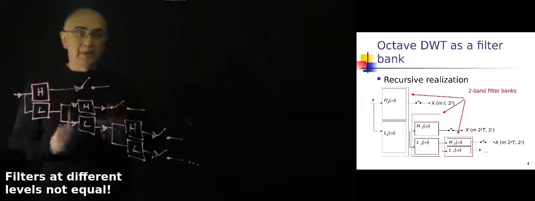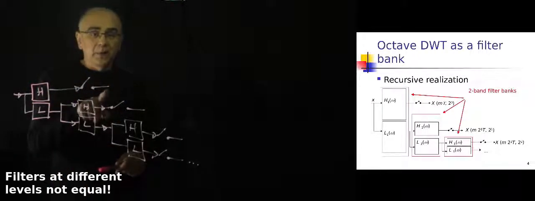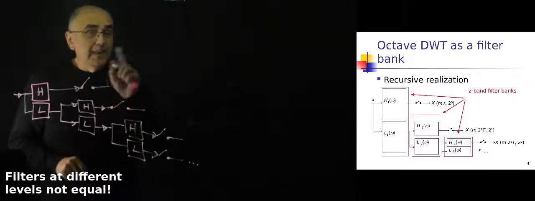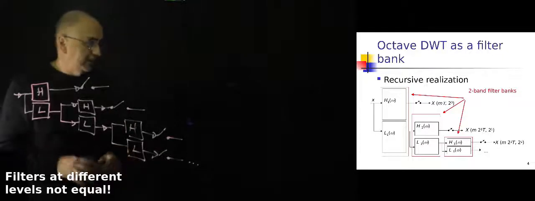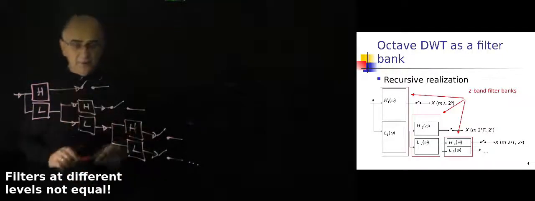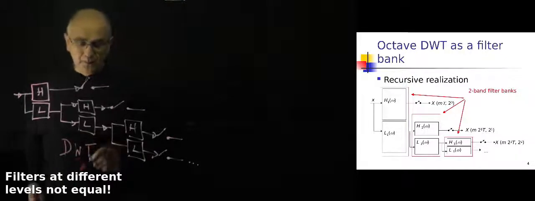But the whole octave is represented only with a single output, single sequence of numbers right now. So the numbers start right here. Okay, that was the story about discrete wavelet transform.